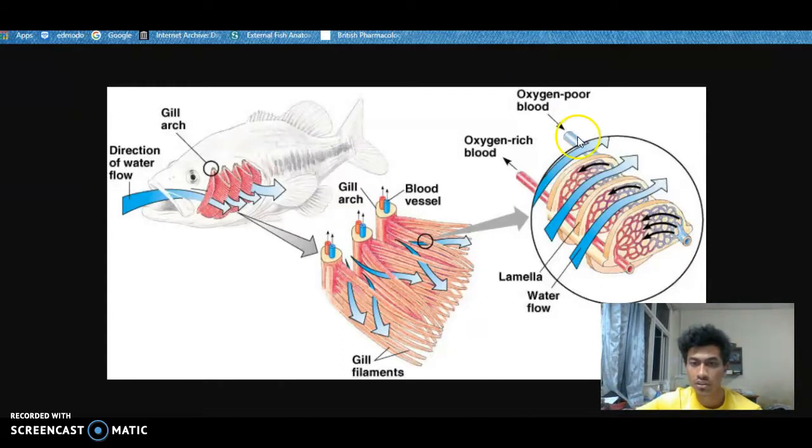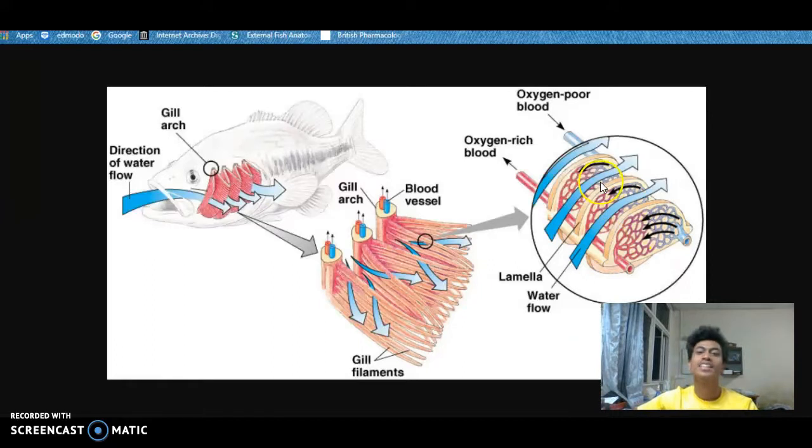Okay, I'm using my mouse. So here, the oxygen poor blood goes through here, then when it's in the lamella, the oxygen poor blood flow is bertentangan.